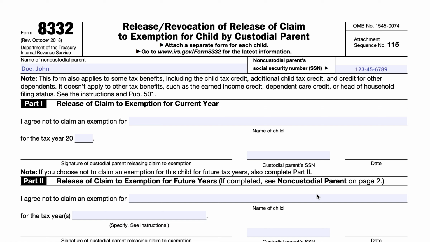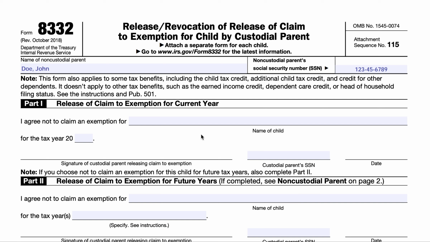So in this situation, we'll assume that John Doe is a non-custodial parent while his former wife, Mary Jane Doe, is the custodial parent. So there are several things that the custodial parent can do, and they correspond with the three parts to this one-page tax form.